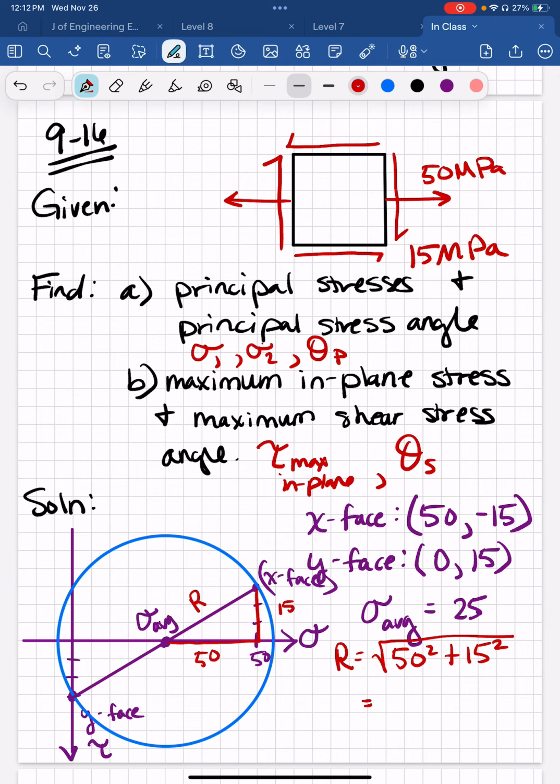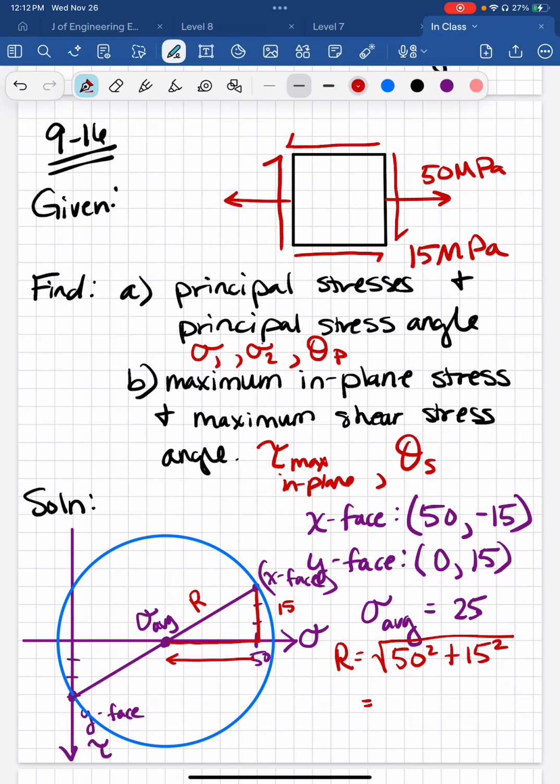And the answer for that, probably my calculator. Oh, I lied. There's a mistake here. See if you can see it. I just saw it. This distance right here, the whole distance from the y-axis to there, is 50.